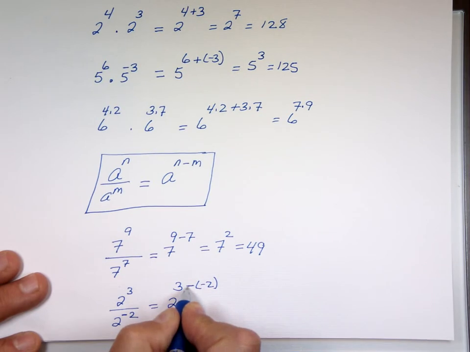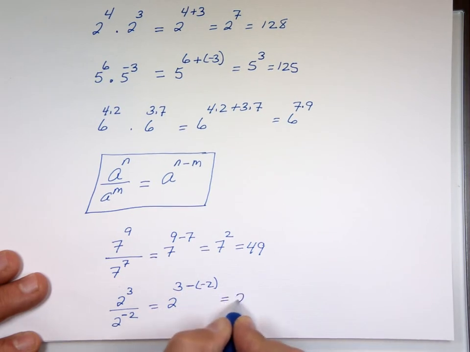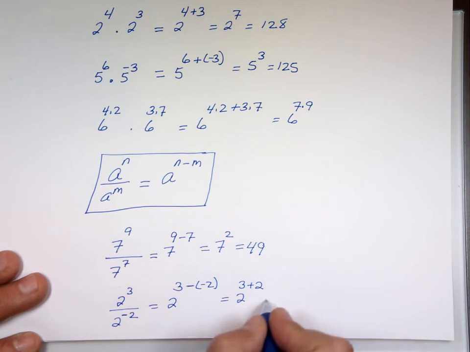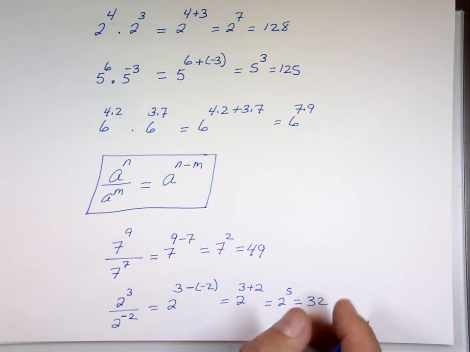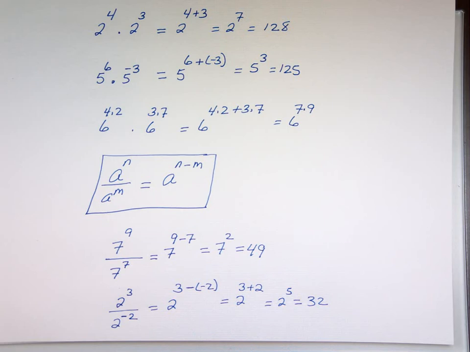What's minus a negative 2? And 3 plus 2 is 5. 2 to the power 5, which is what? 32, is it? 2 to the 4 is 16. So you multiply it by one more 2.